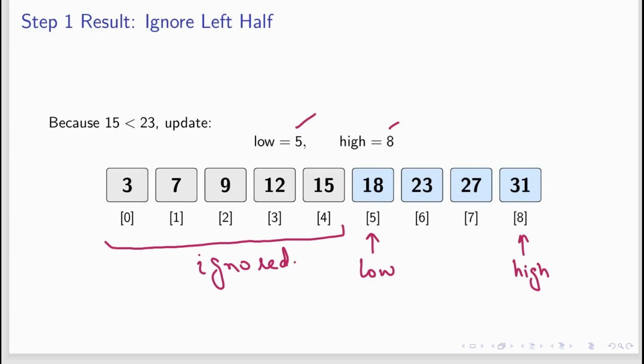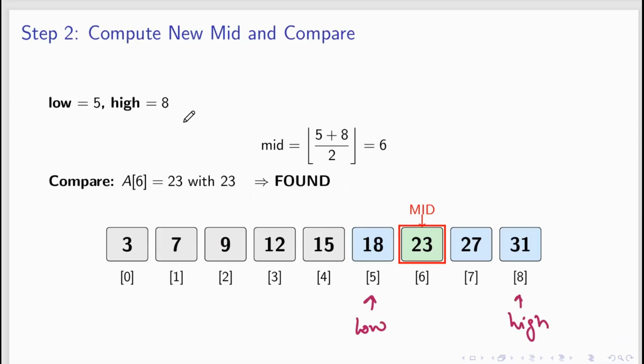Now they will again calculate the mid value. Why did they ignore? Because 15 is less than 23. Now I'm going to calculate the mid value.